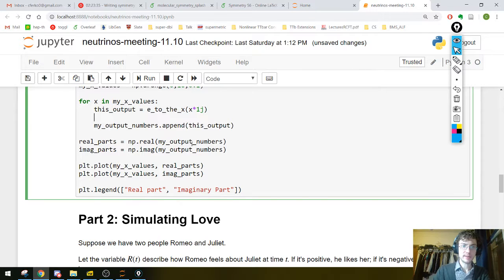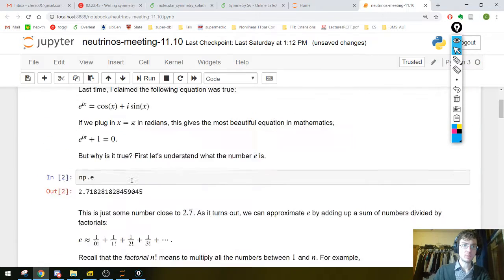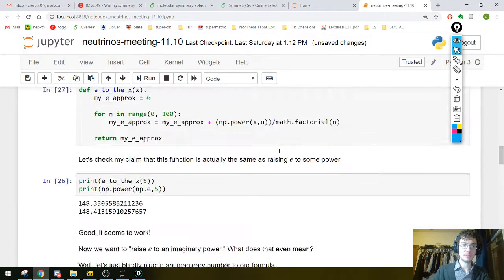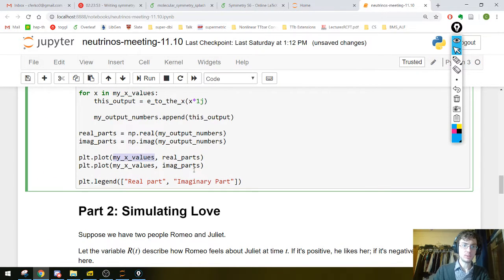Once I get those y values, which are all going to be complex numbers, all I do is take the real and imaginary parts to make it easier to visualize. And then this is how you plot. You do plt, which remember way back here, I imported this and nicknamed it plt to save typing. So I call plt.plot, and then you do x comma y. So I'll plot the real parts and the imaginary parts of e to the ix.